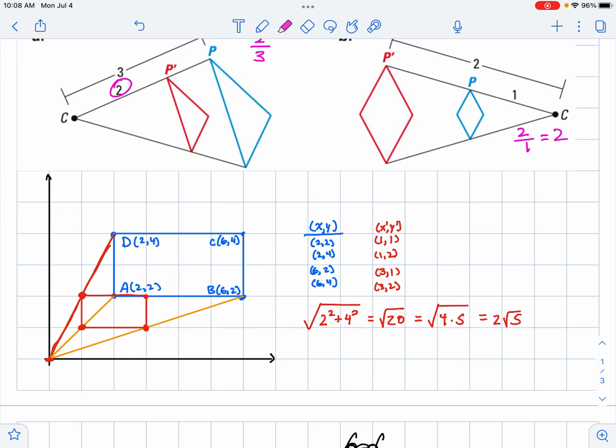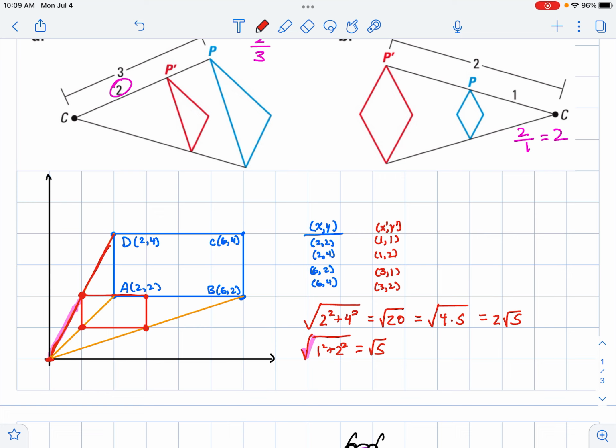Now let's look at this distance here. That's the point 1, 2. So this is going to be 1 squared plus 2 squared, and that's the square root of 5.